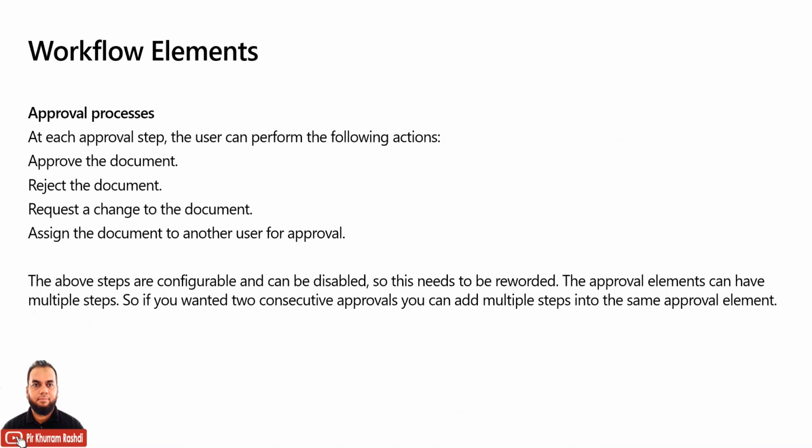So approval processes are also an element of workflow, and at each approval step the user can perform the following actions: approve a document, reject a document, request a change to the document, or assign the document to another user for approval. So what are the scenarios when this will happen?